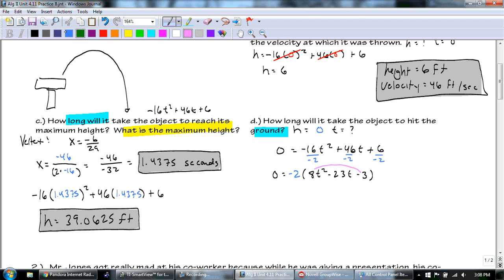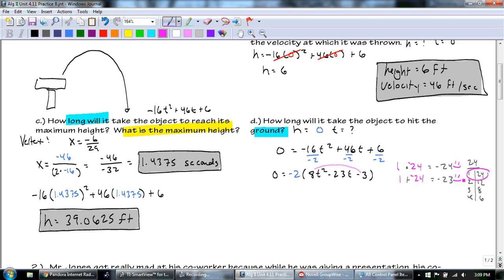So we just check. What numbers multiply to get to negative 24 and add to get to negative 23? So if you don't know it off the top of your head, you're thinking of, oh, 1 and 24, 2 and 12, 3 and 8, 4 and 6. And the combination that's going to work is 1 and 24, except the 24 is negative.